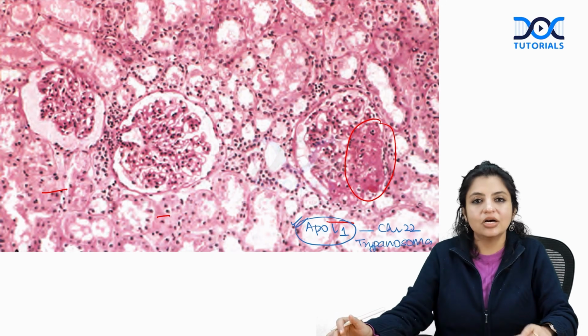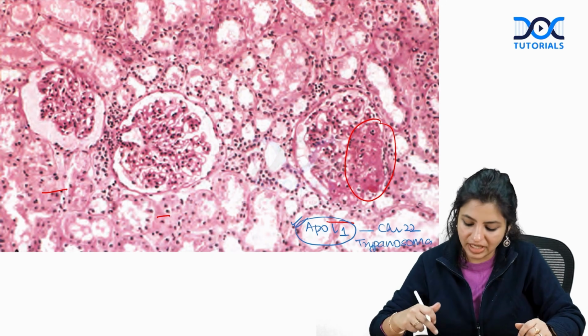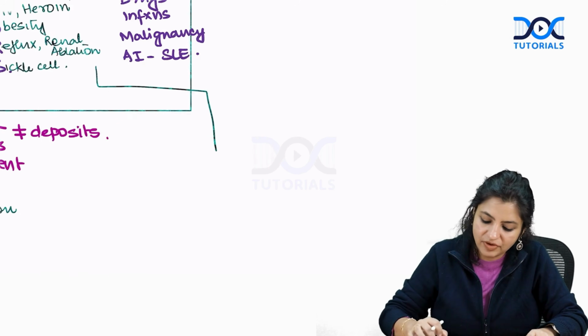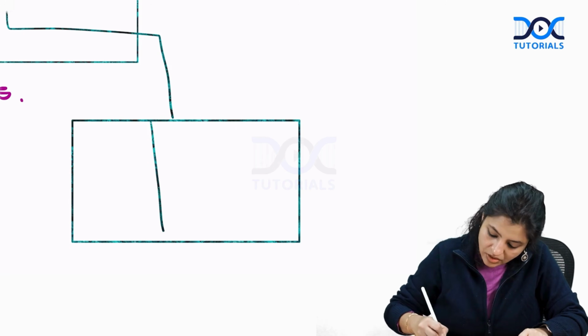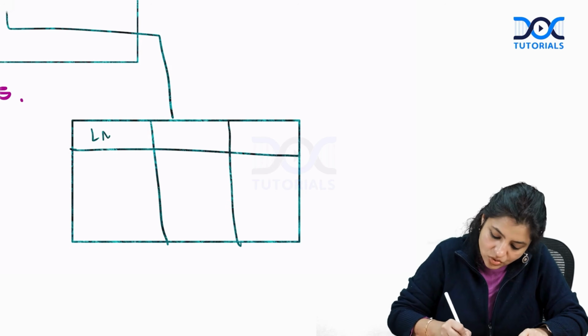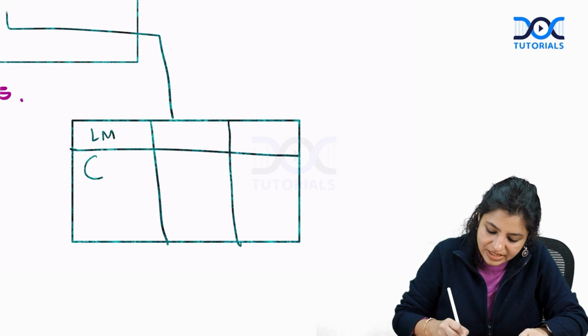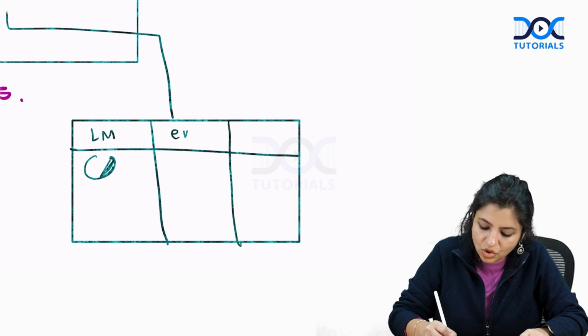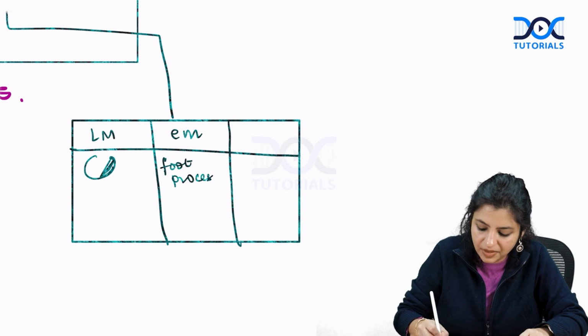Now, once we are clear with this, let's quickly see the findings of FSGS. If I'm drawing a box here, we have to see all these three so that we remember. Light microscopy: the change involves less than 50% of the glomeruli, and that which is involved is segmentally involved. Electron microscopy shows foot process effacement, the same thing.